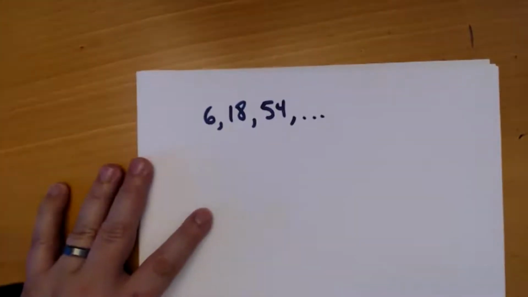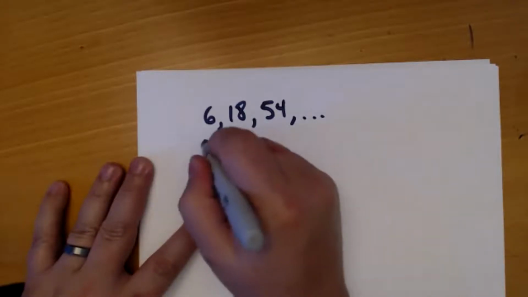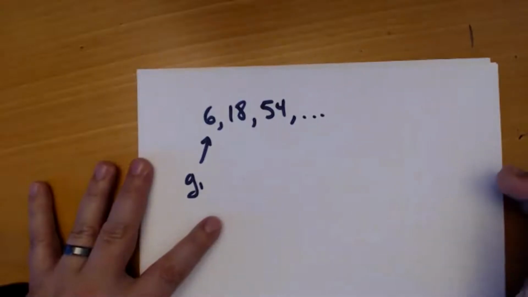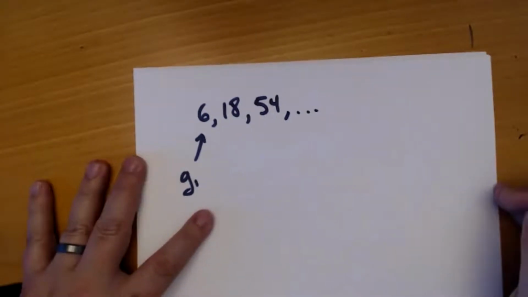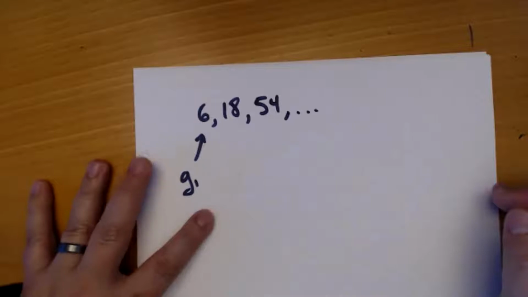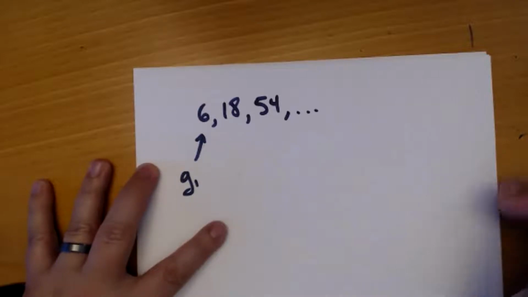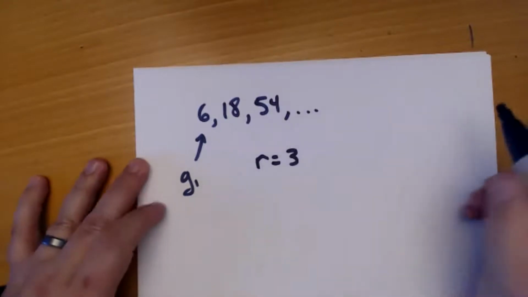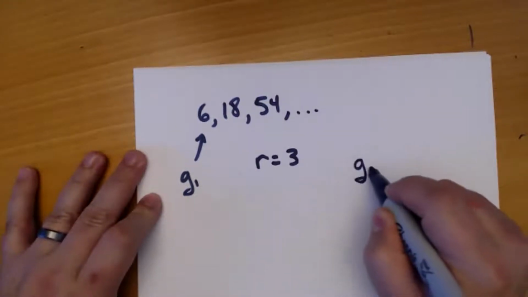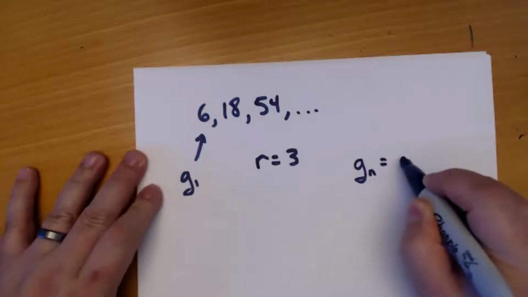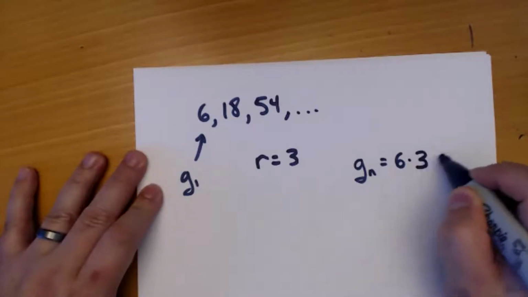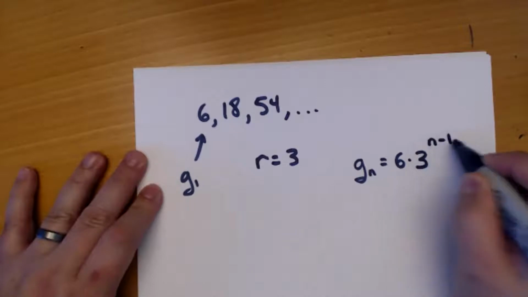So what's my, well, this is my G1. That's not very exciting, right? But what's my R? 3. Okay. So R is equal to 3. So now my G sub n is going to be my first term, G1, times my ratio to the n minus 1.